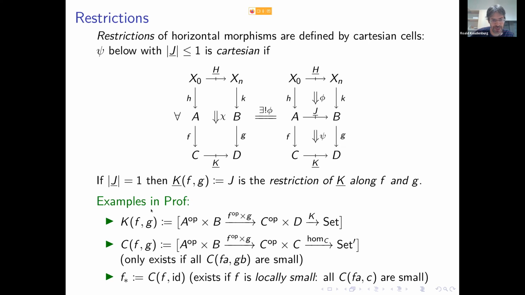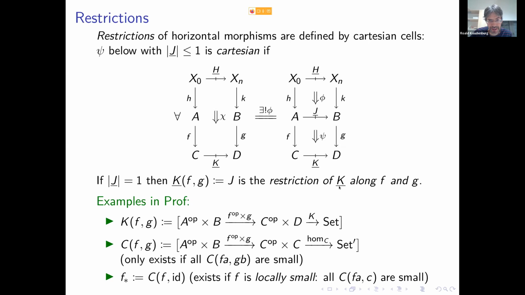And if we look at examples in Set pro-functors between large categories, then we do get restrictions like we would expect. So if this k underline is a single pro-functor, then yes, k of f and g is simply k restricted along f and g.